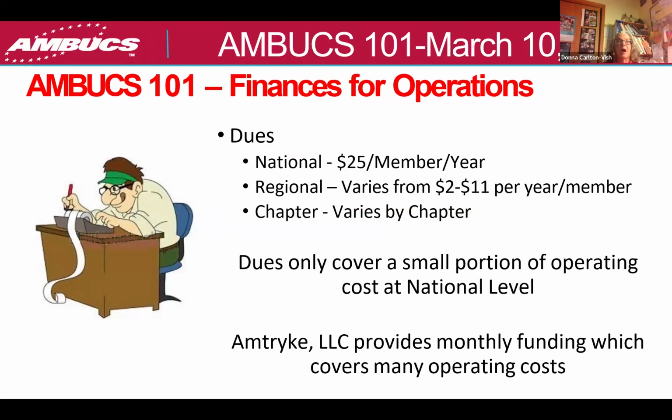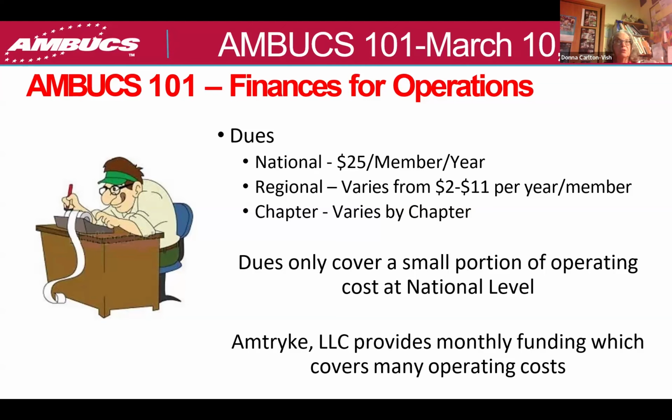Dues. I can safely say that National AMBUCS charges the least amount of dues of any organization similar to ours in the whole United States. We visit SCLC, which is many different types of service organizations, and nobody's membership dues are $25 a year. We do that so we can have more members and more people out there working for us.